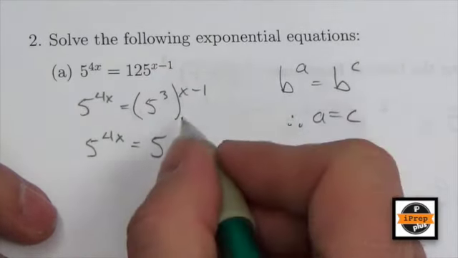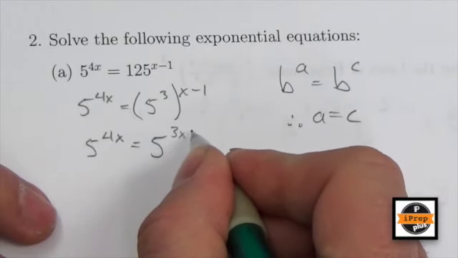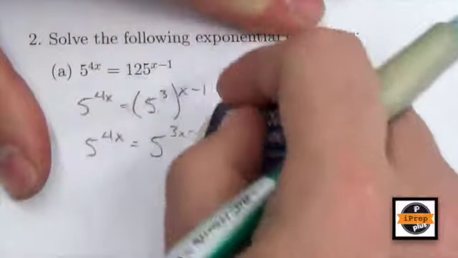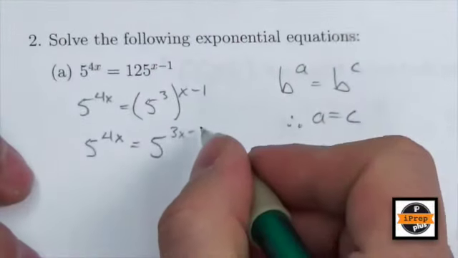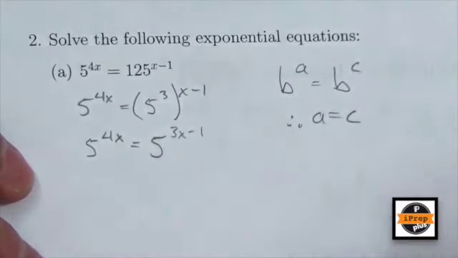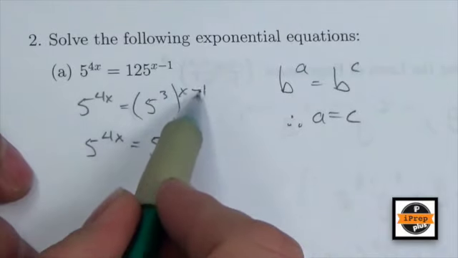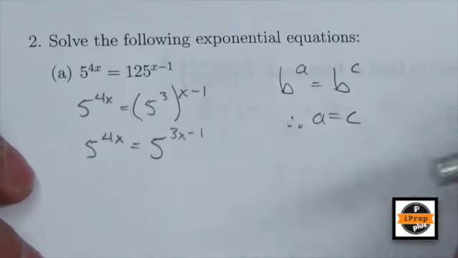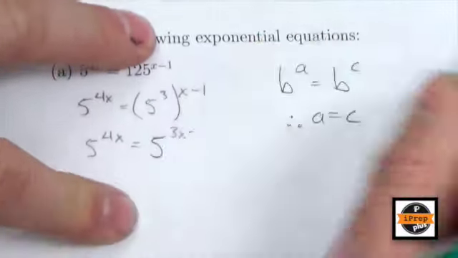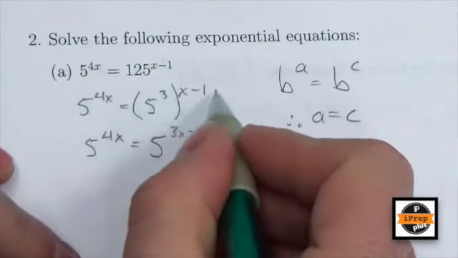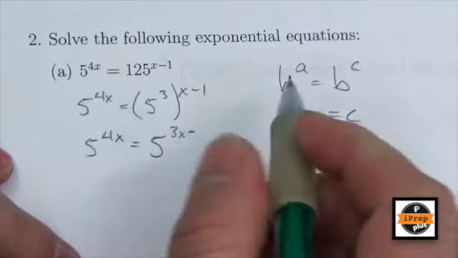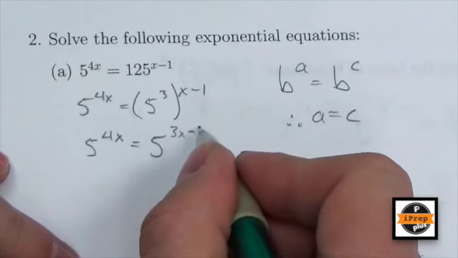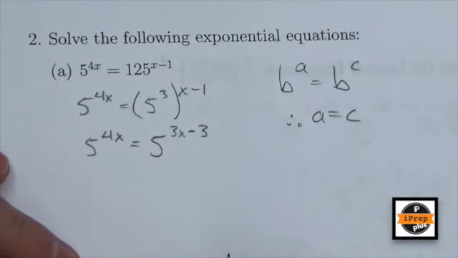The really common error is to write this out as just 3x minus 1 without distributing the 3 to the binomial. But to get this correct here, that x minus 1 as a binomial is the outside power here. The whole thing gets multiplied by 3, so I have to distribute the 3 across, and there we go.